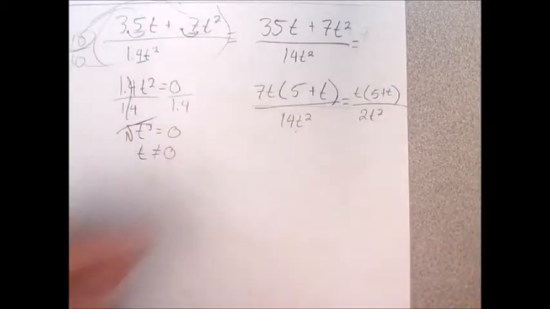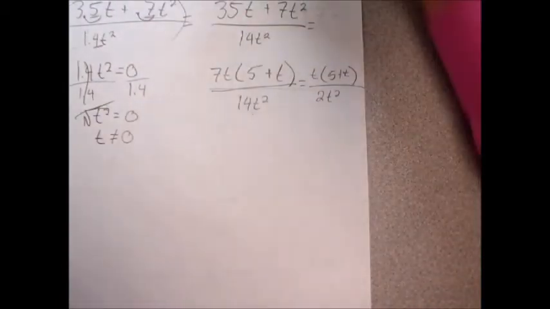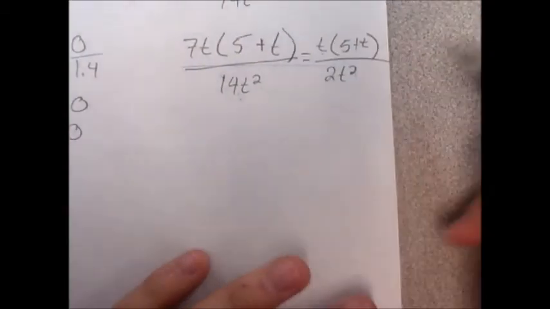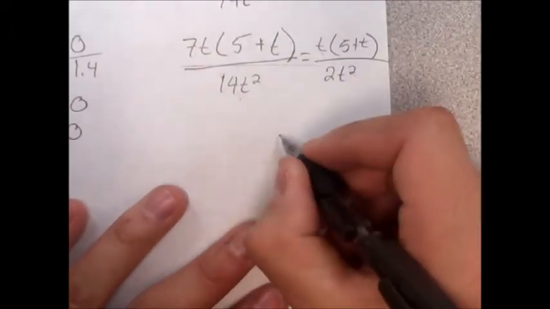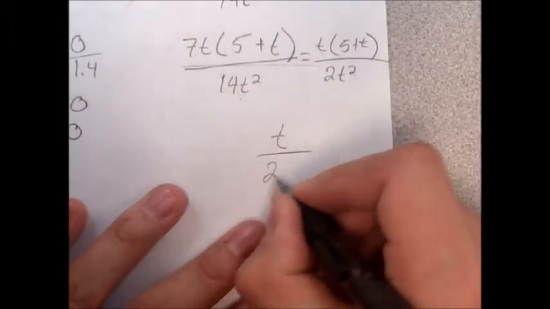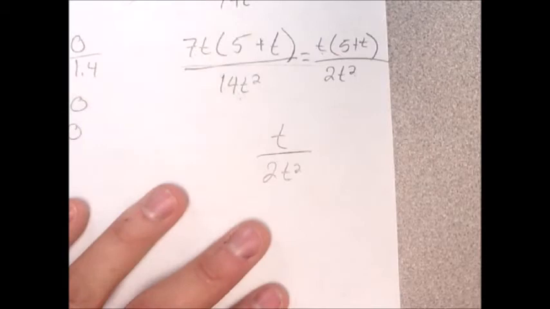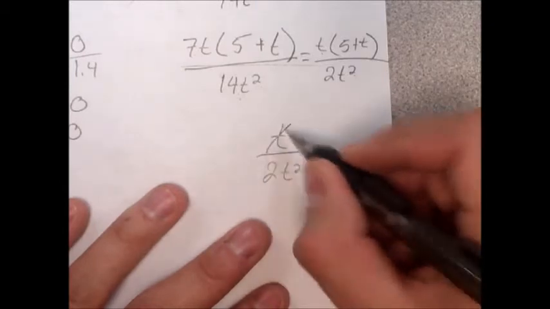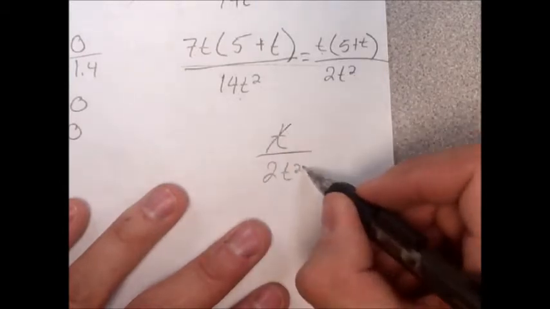Well, what about those t's right there? Can I do anything with those? Anything at all? If I have a t in common, remember, if I just rewrote this problem and it looked like this, t over 2t squared, what would you do with the t? So what you're saying is you would take the t and move it down here because it had an exponent of 1, it becomes minus 1.